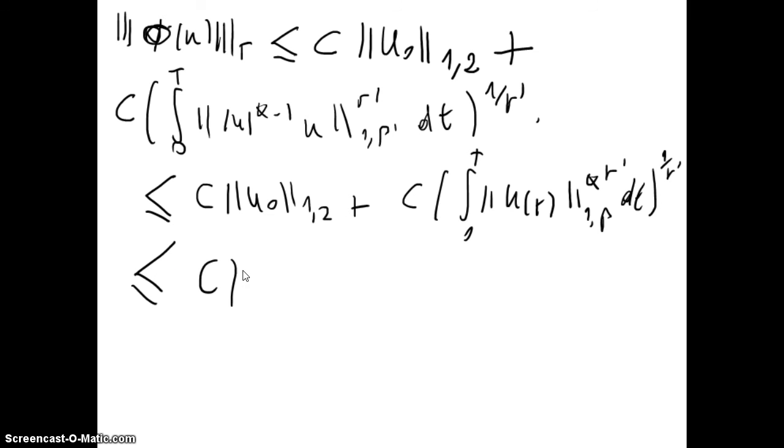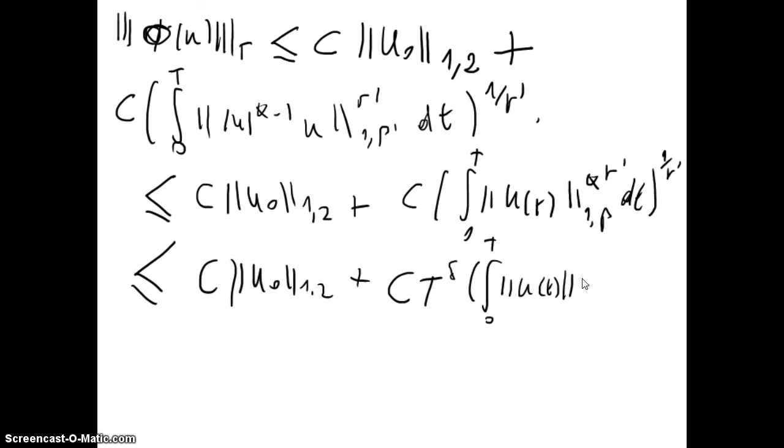We have the same here, u naught in H1 plus, and now we take out not a constant but the time t to the exponent delta, and the norm of u in L^r W^{1,rho}, and now we will take the alpha outside, alpha over r, with delta being 1 minus (alpha plus 1) over r.